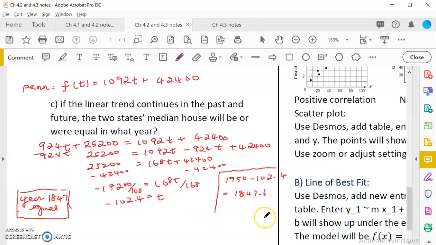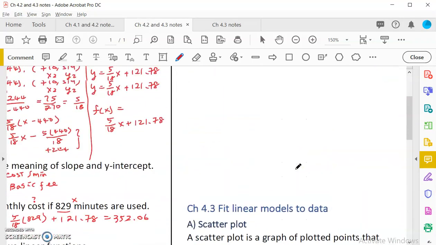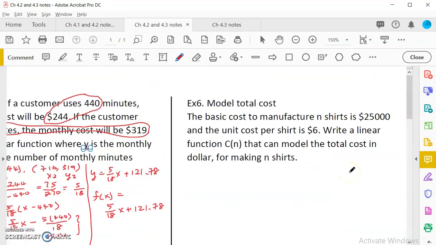So let's look at the last example, example 6. We will use it to model total cost. I made it the last example, but actually it's the easiest one, because in this one we're doing a basic cost function that has a basic cost given and a per-unit cost. The basic cost to manufacture n shirts is 25,000.